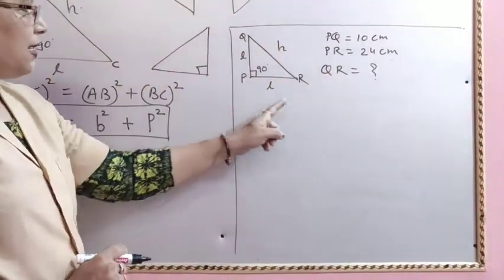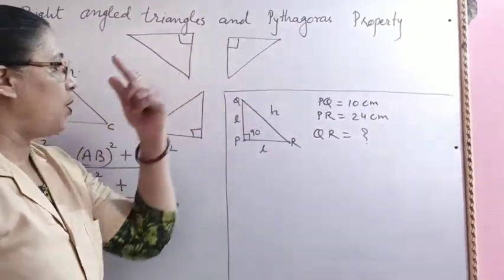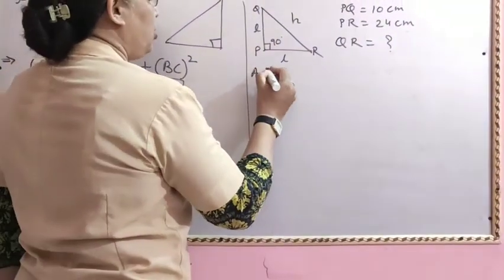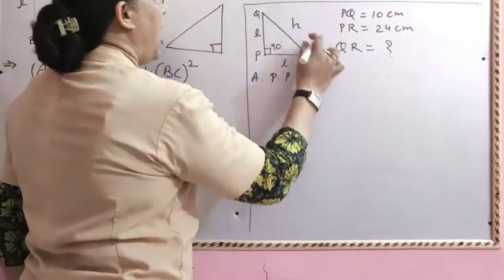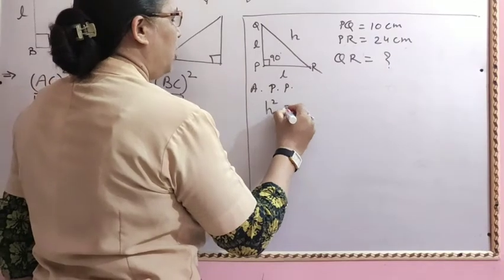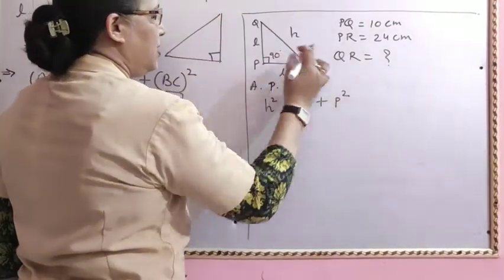Now this is a right angle triangle, that's why we will use the Pythagoras property. According to the Pythagoras property, we write hypotenuse square equals base square plus perpendicular square. Hypotenuse here is QR.